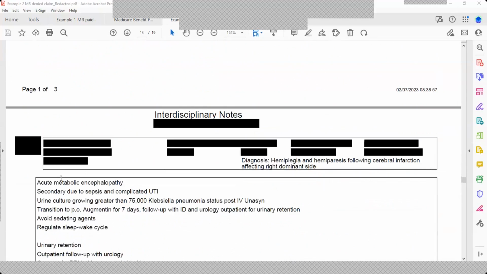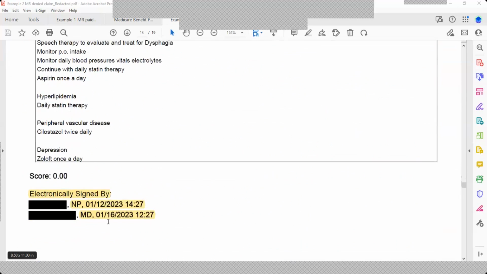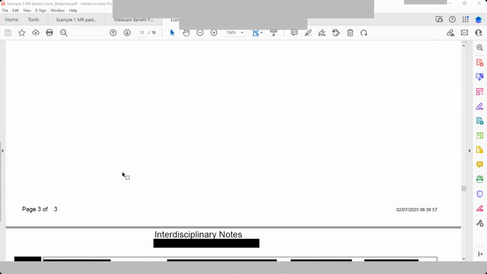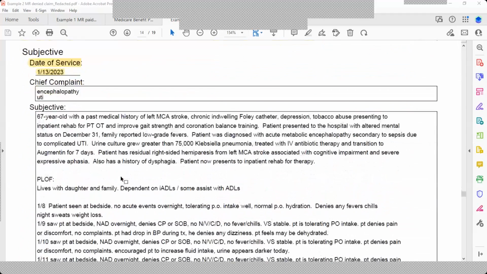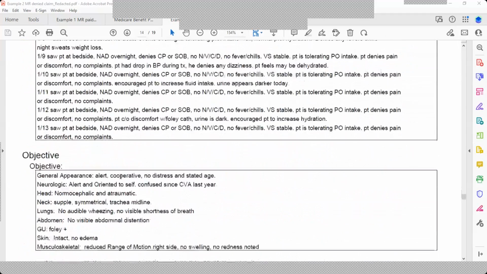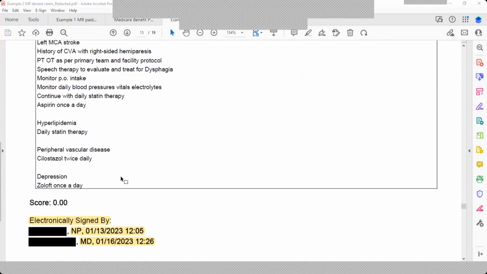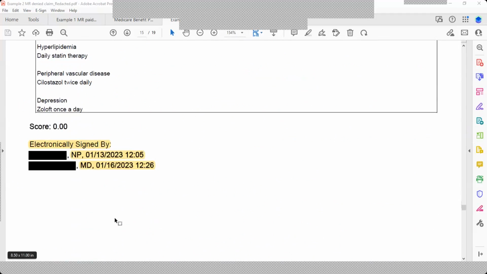And I apologize for scrolling through quickly. And then it was electronically signed on the 12th, and the physician signed on the 16th. Here's the note for January 13th. And then again, it was signed by the nurse practitioner on January 13th and co-signed by the physician on January 16th.